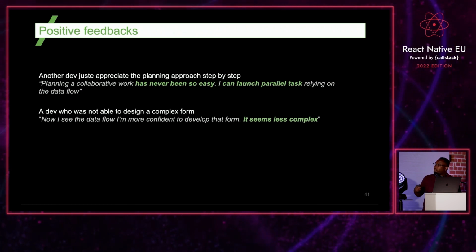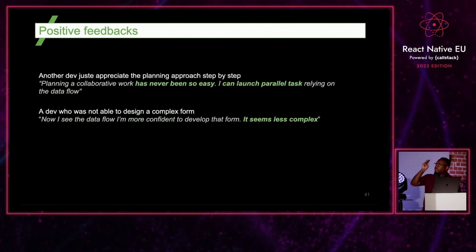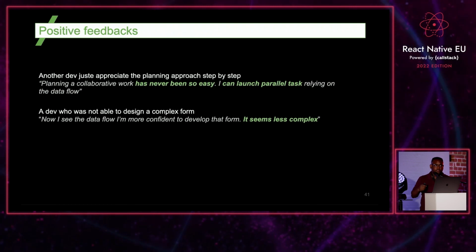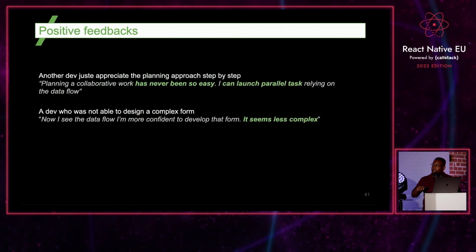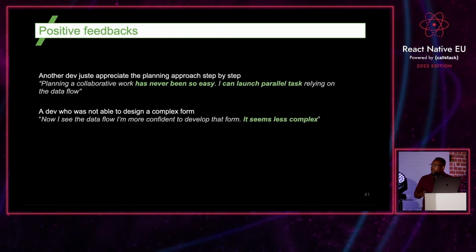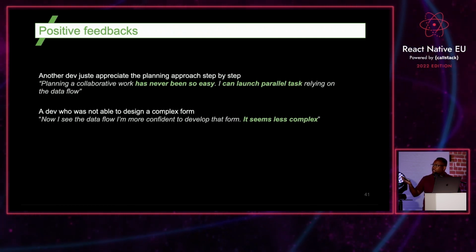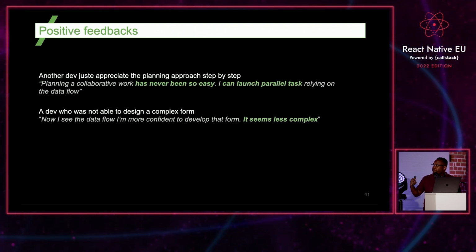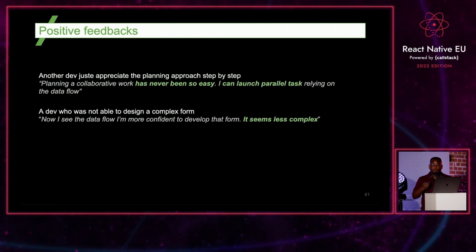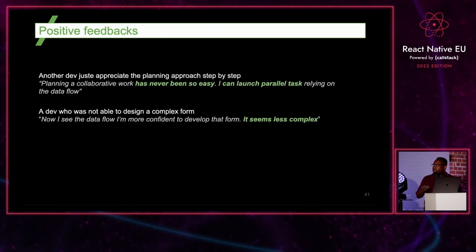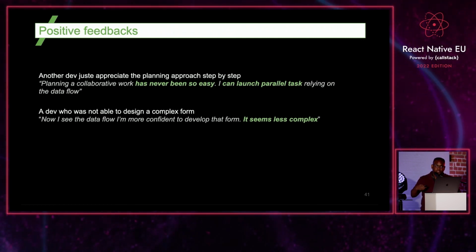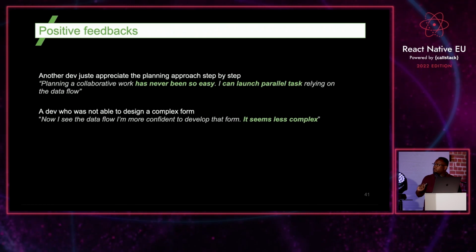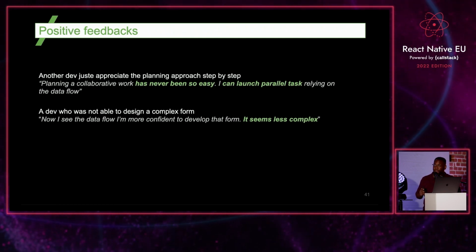I got other feedback that told me that after using the component anatomy, it was really easy to plan collaborative work. Another example is one of the devs of my team who was not able to design a complex form. After we drew the data flow of the component, she was really confident to develop the component.